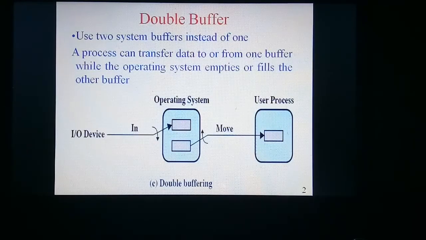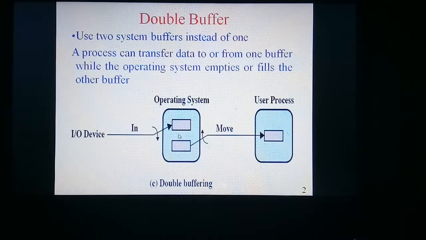Now double buffer uses two buffers, one for input and another for giving the data back out. The IO device sends the data, and it will be stored by the operating system, and another buffer will be moving the data to the user process. So that is double buffering.